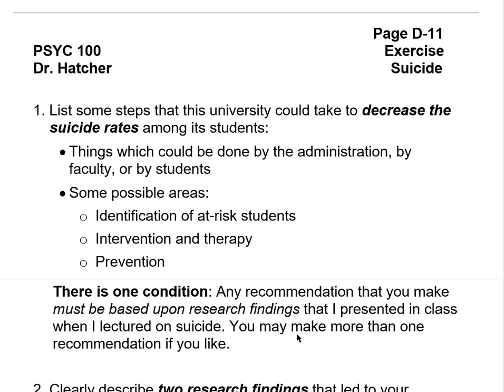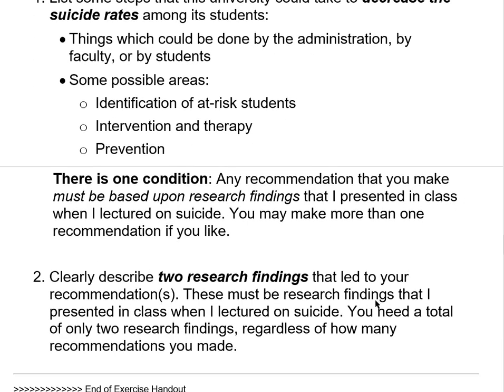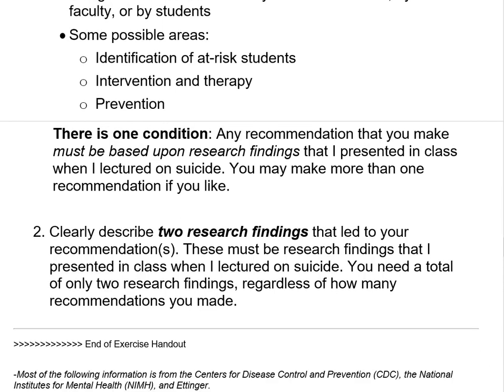Any recommendation you make must be based on research findings that I presented in class when I lectured on suicide. You can make more than one recommendation if you like. So this is where your points will be. I do want you to come up with ideas of what can be done to decrease the suicide rate, but your points will be located here with item 2.